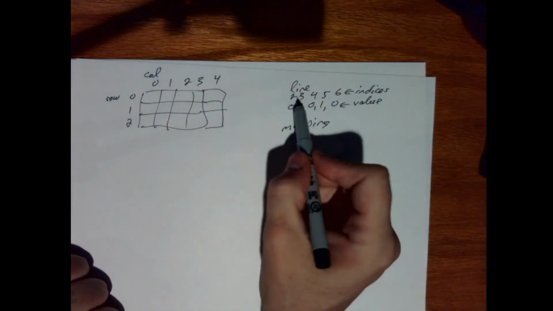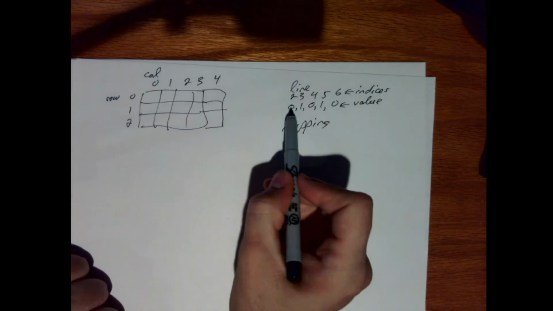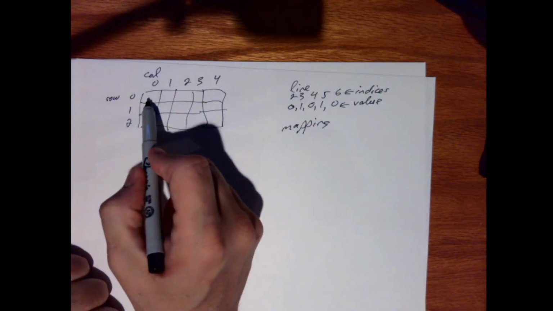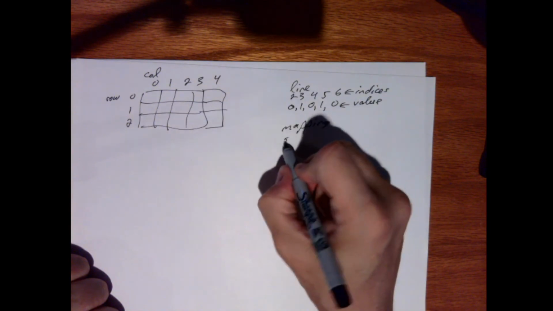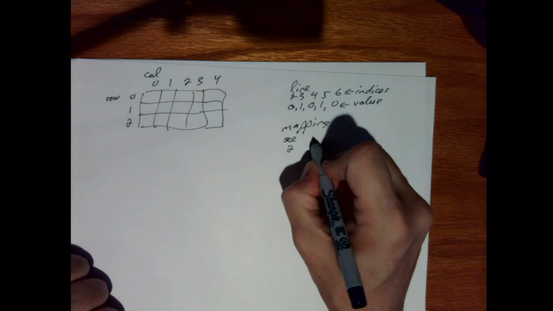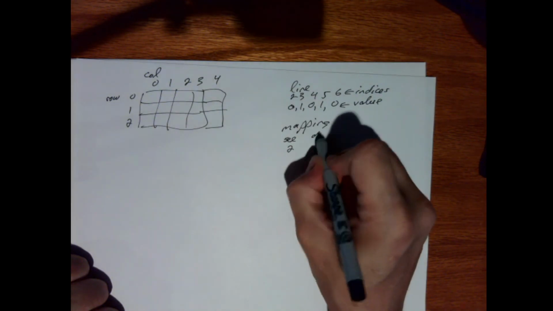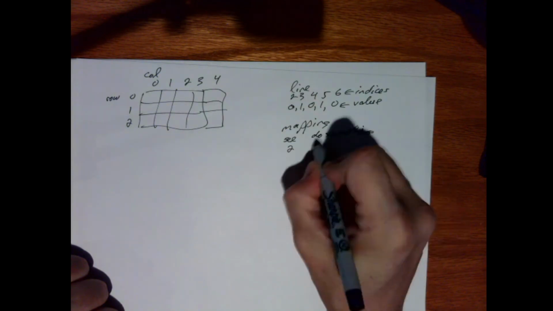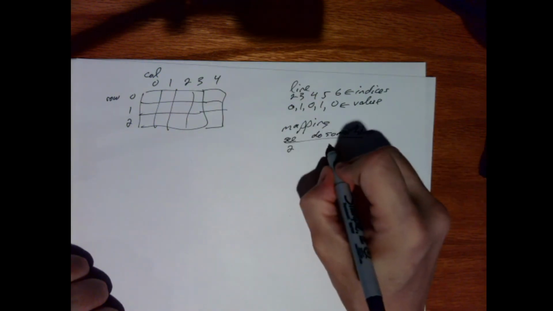So what do I need to do? Well, if there's a 1 at index 2, then I need to do something at 0. So when I see 2, then I do something in column 0.